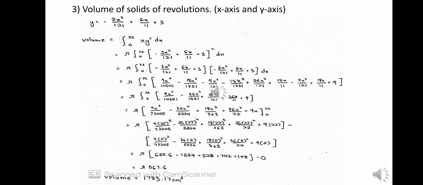And if we substitute pi with 22 over 7 or 3.142, we will get the volume, which is 1783.17 centimeters cubed. So this shows that by using integration, the product designer can find the perfect size of volume for their vest. So this is true that we can apply integration in our daily life.